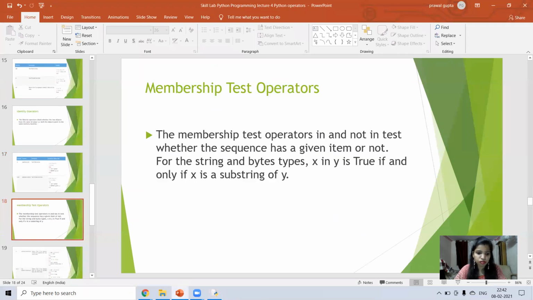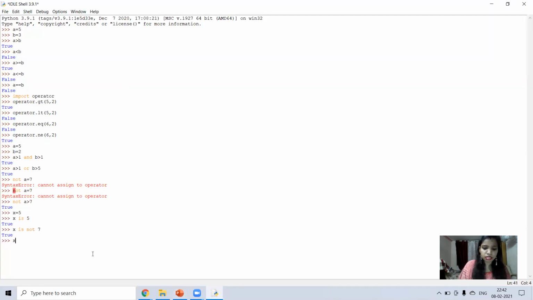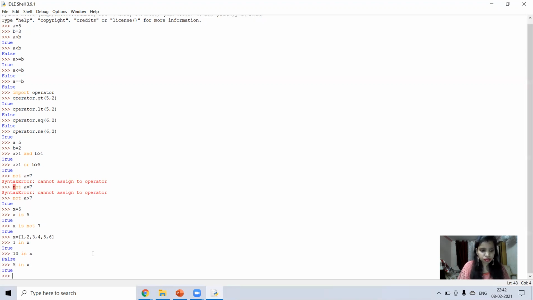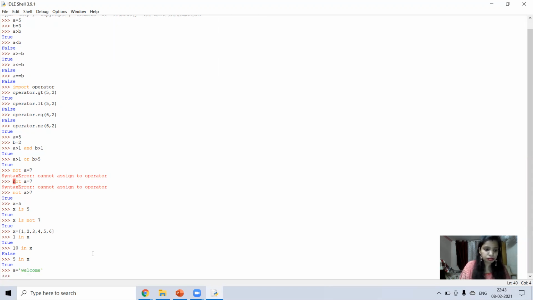Next is the membership operator. For example, I'm writing x equals 1 2 3 4 5 7. Now I'm writing 1 in x. True, 1 is a part of x. 10 in x is False, it is not part of x. Same with a string: a equals welcome.